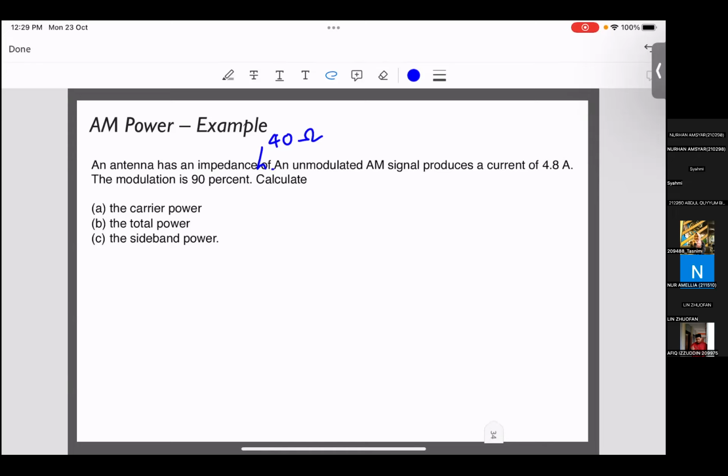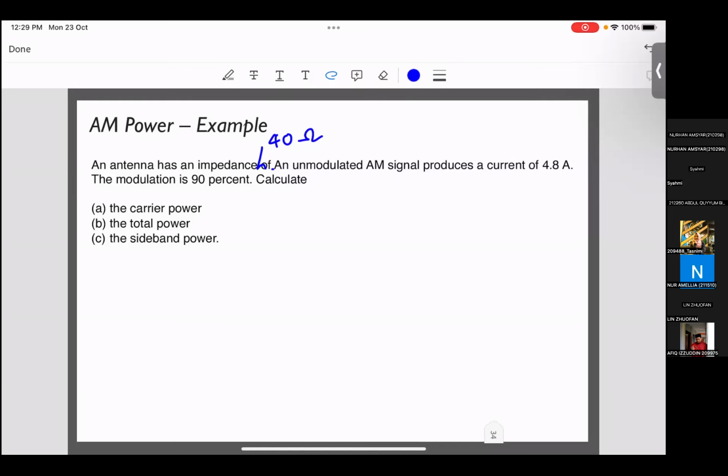So that is the value. The antenna has an impedance of 40 ohms. An unmodulated AM signal produces a current of 4.8. So this is an unmodulated AM signal. What does that tell you? 4.8 amperes. The modulation is 90%. So calculate the carrier power, the total power, and also the sideband power.